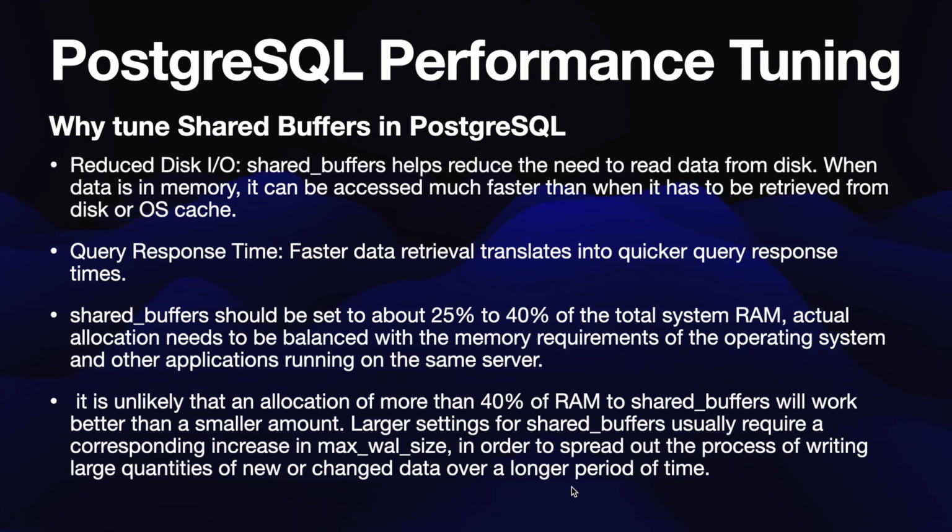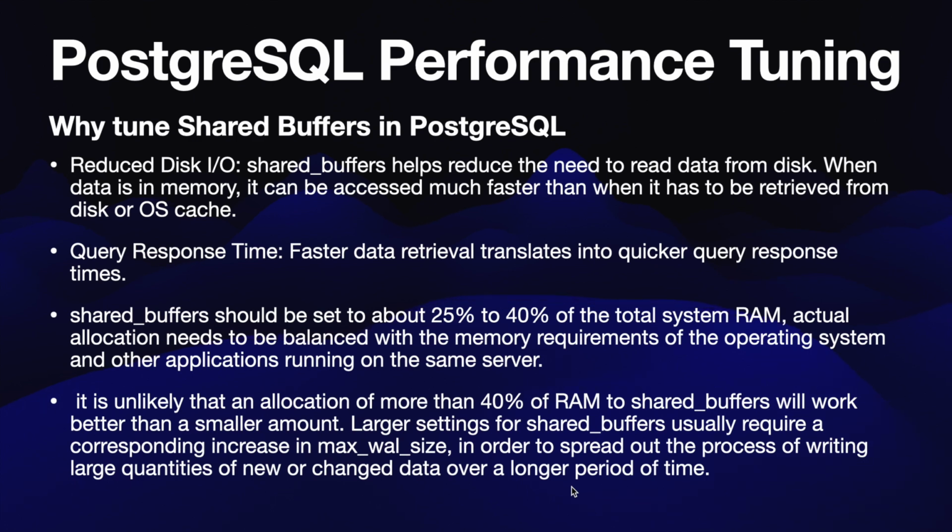You can set anything between 25% to 40%, depending on the other applications running on the same host, on the same machine. Again, I would recommend not to host any other application except the database. The database should be running dedicatedly on that server or machine.